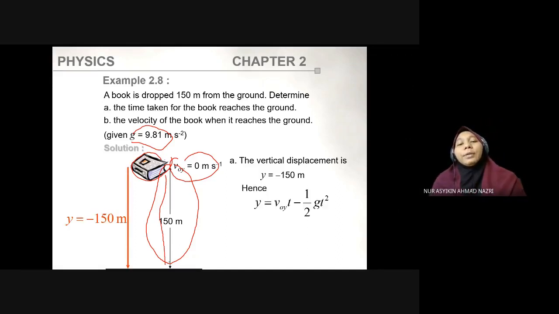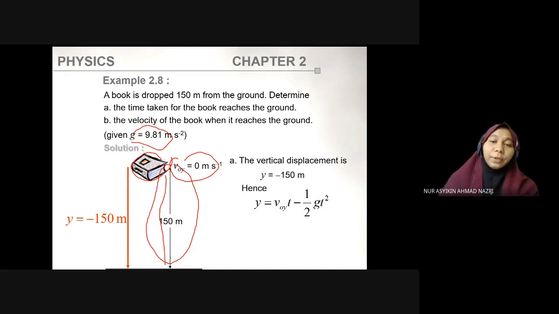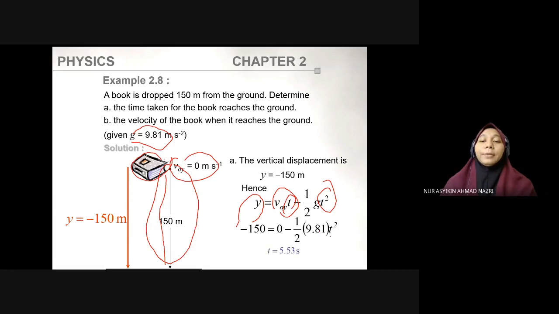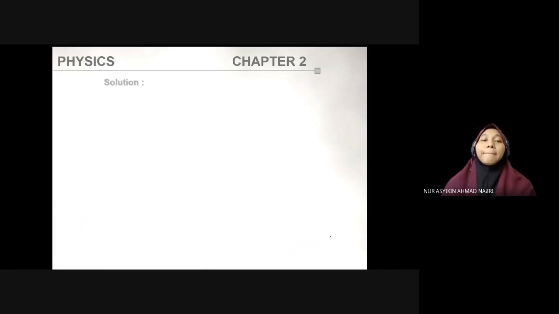Hence, we use this expression. Sebab dia nak time taken, so kena ambil expression yang ada time taken lah. So y dia negative. Okay, and then velocity. Velocity here kita nak letak apa? Velocity kita letak kosong sebab dia dari maksimum height tu dia jatuh. Okay. Alright, then we may find your time.